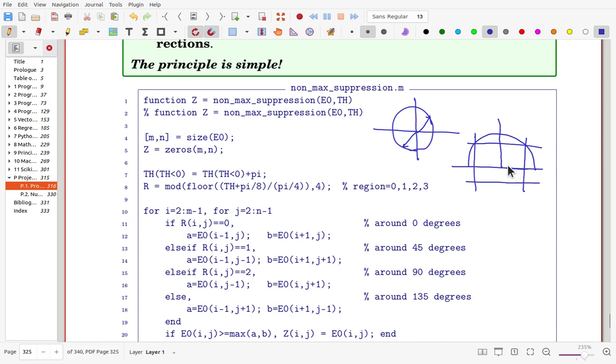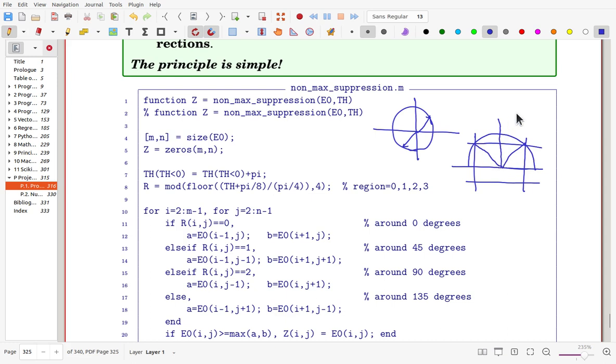So by adding half of pi over 4 and dividing by pi over 4, we try to get these 4 angles.